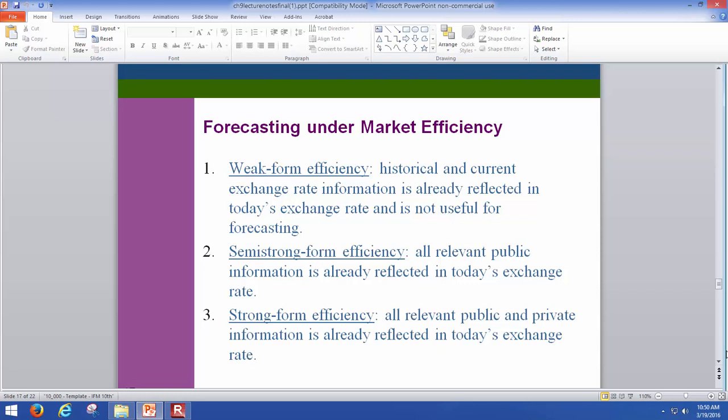Okay. The last one is strong form efficiency. All relevant public and private information is already reflected in today's exchange rate. So essentially, what we are saying is that in the case of the exchange rate, even somebody who works for the central bank cannot trade and make money based upon this type of information. All said and done, the strong form efficiency does not work.